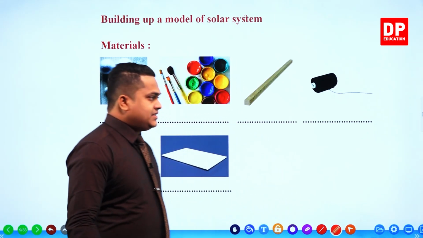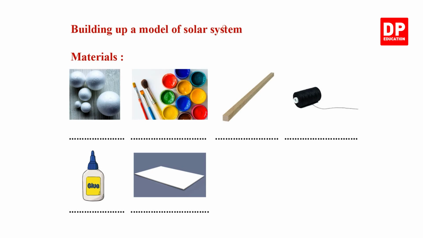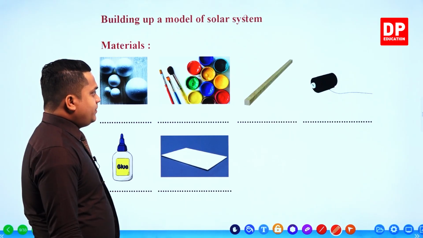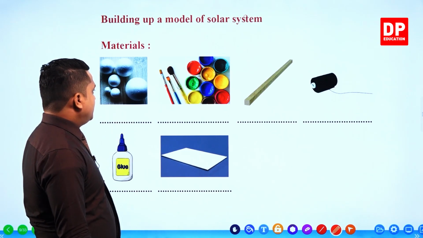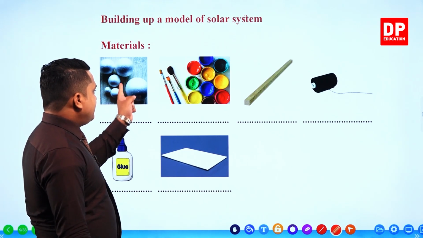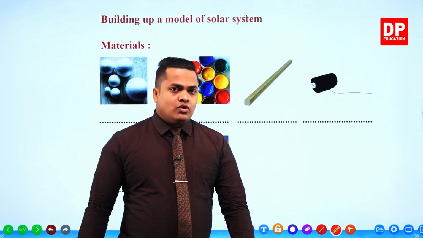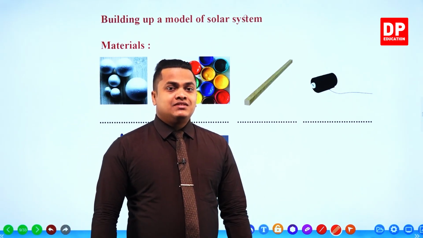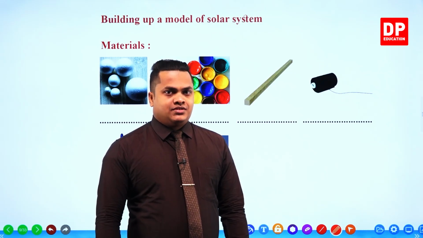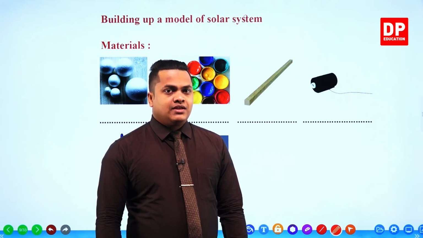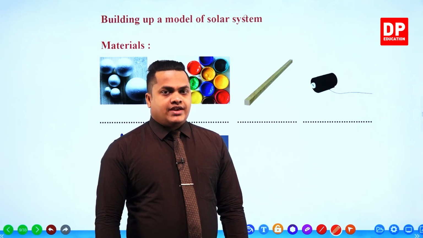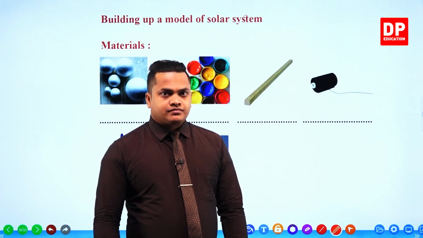To make this, my dear children, you'll be needing these materials. First of all, you'll be needing several balls. These balls represent the planets like Mercury, Venus, Earth, Mars, Jupiter, Saturn, and so on.